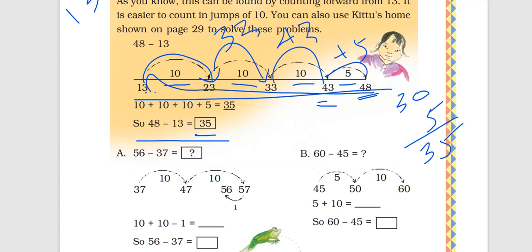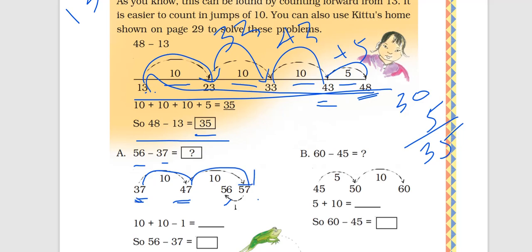The next one is 56 minus 37. So you start at 37 and you go all the way up to 56. The way to do that is you start with 37 and take 10 steps and you reach 47. When you're at 47, you take another 10 steps, you reach 57, right?